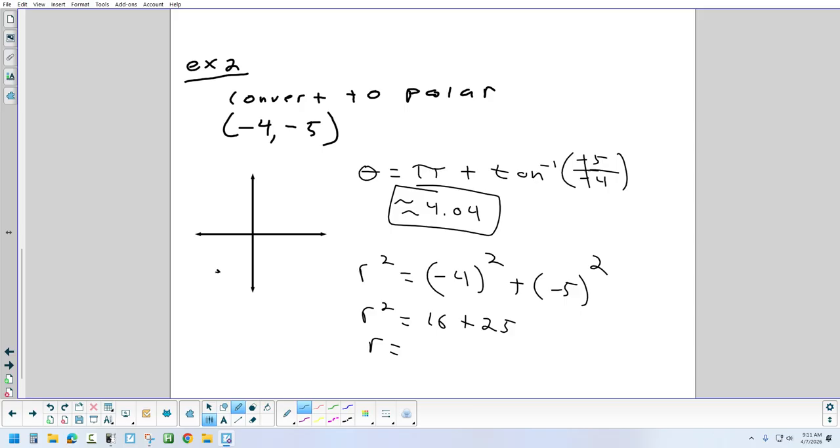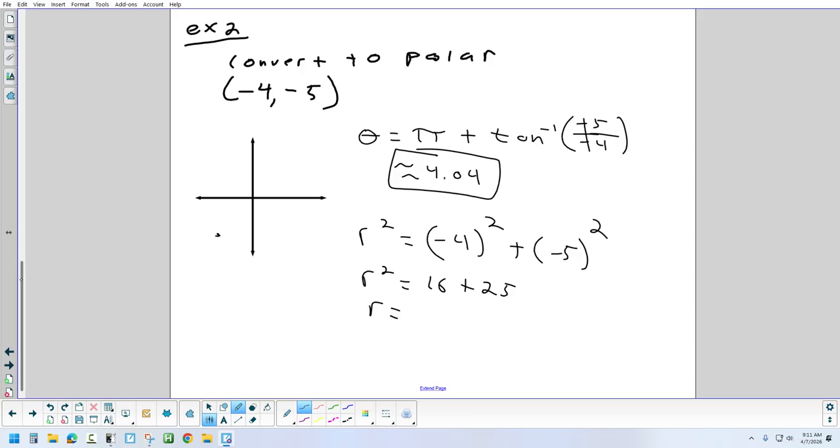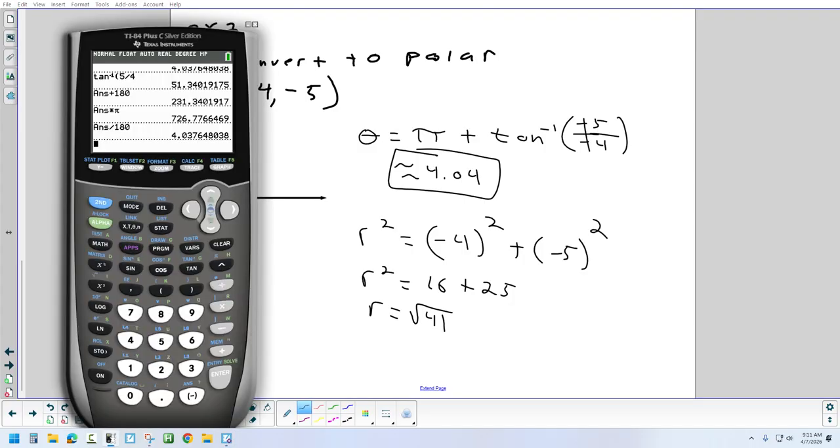And when we add 16 and 25, we get how much? 41, and then take the square root. Since we rounded the angle to 2 decimal places, we might as well round the radius. If you wanted to leave the radius exact, that's the exact answer, the square root of 41. But if we do 2 decimals, we get 6.40.